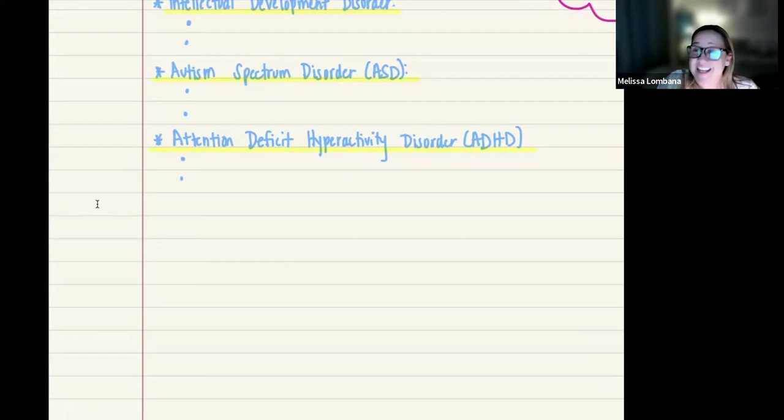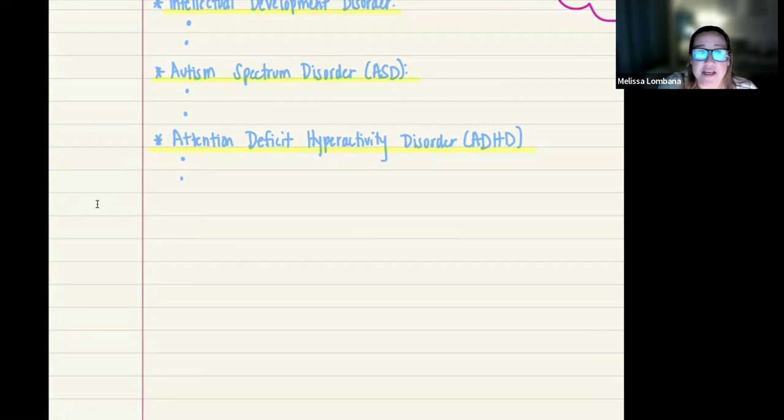So there could be an inattention, right? There could also be chronic disorganization, and it doesn't have to be just on the outside. It could definitely be disorganization with their thoughts. There could be lack of focus and the inability to stay on task.